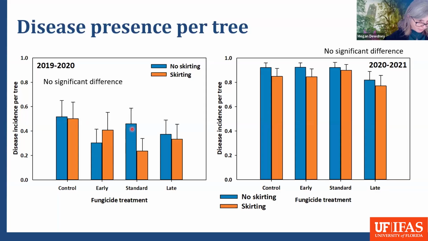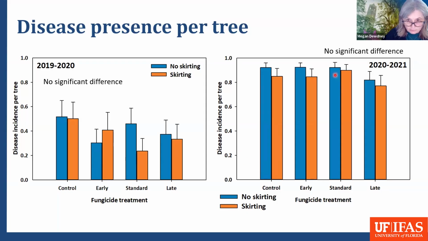Skirting did seem to have a minor change for 2 treatments, but the result was opposite for the early, which is a little bit confusing. There was a slight difference in our fungicide outcomes, but the results were too variable to make any conclusions.